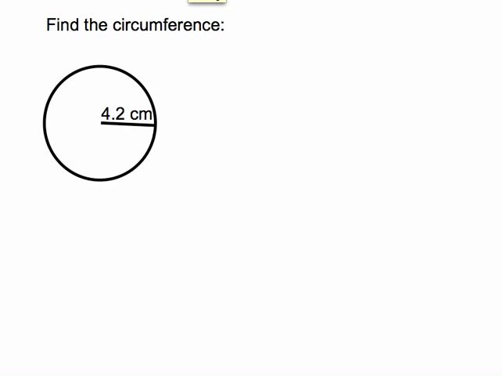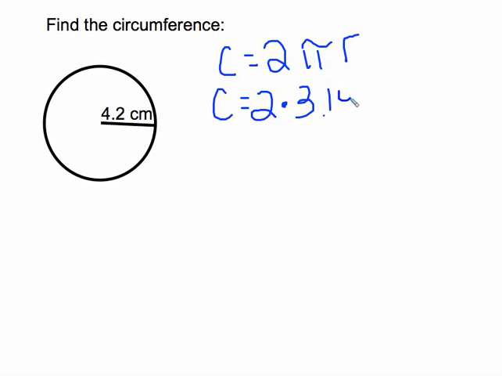All right, another problem where I'm asked to find the circumference given just the radius. So again, circumference equals 2 pi r. I would pause at this point and try this problem without me. Circumference equals 2 multiplied by 3.14 multiplied by 4.2. I'll give you a chance to multiply in your calculator.